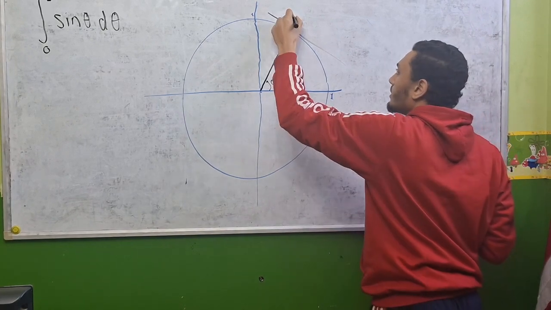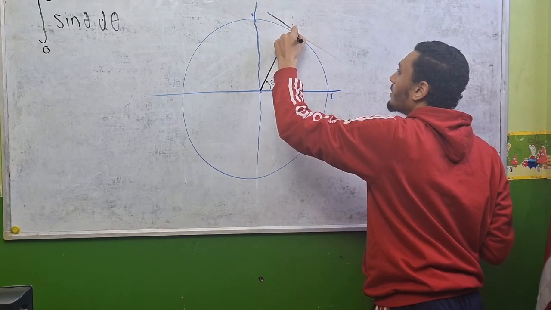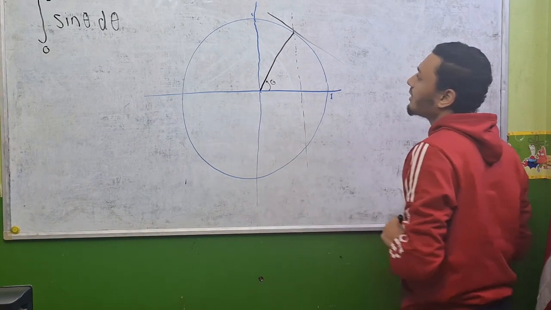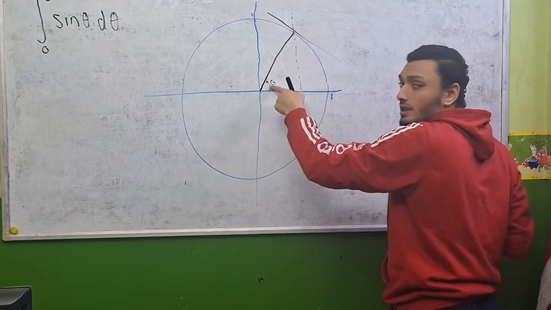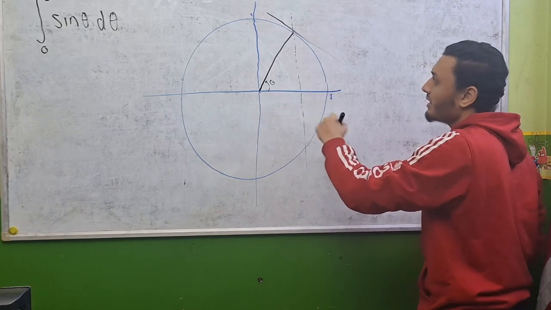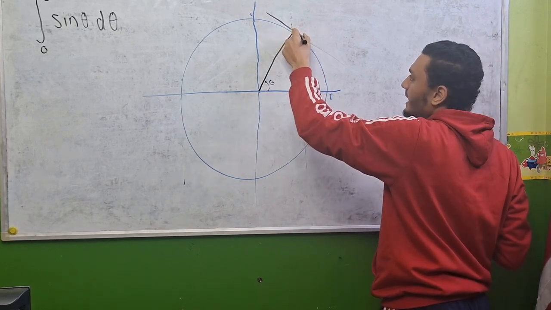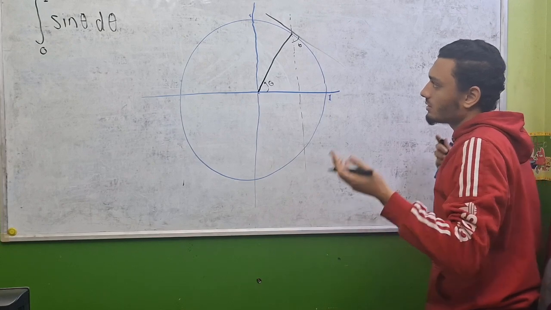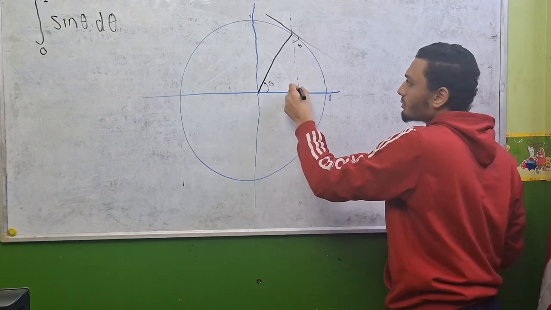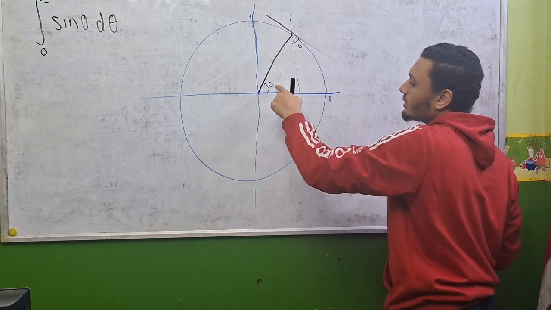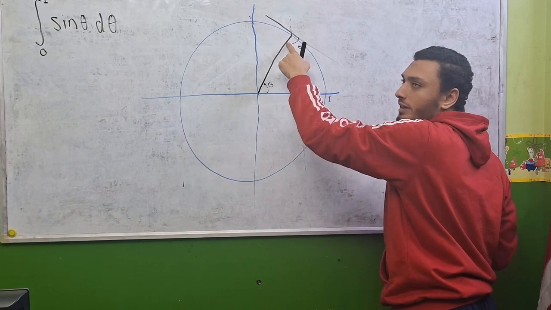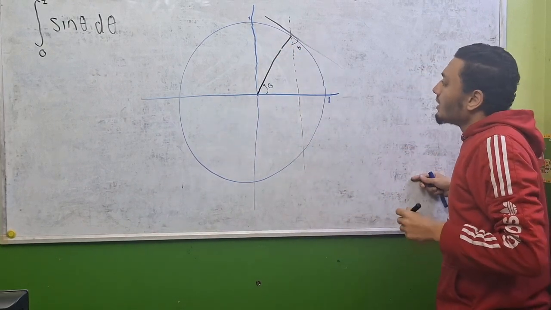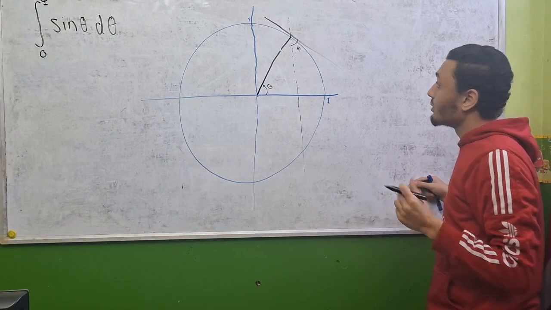So if we make a vertical line like this, if this is theta, then this angle is also theta, because this is a right triangle and this is a right angle, so this is 90 minus theta and this is 90, so this is theta, okay? Okay, perfect.